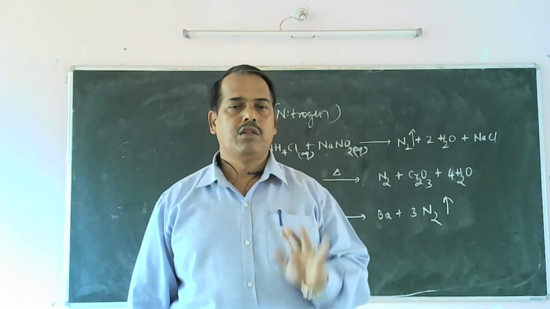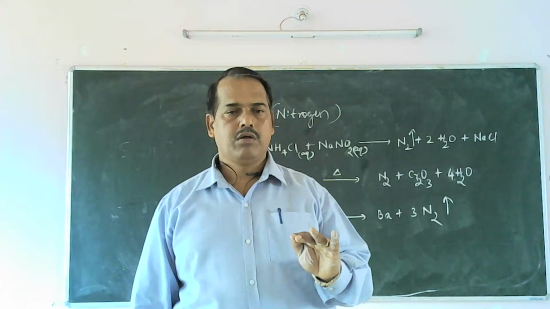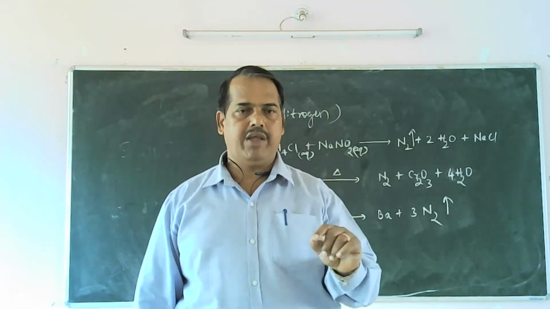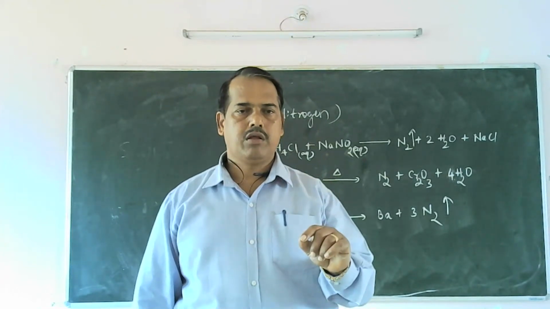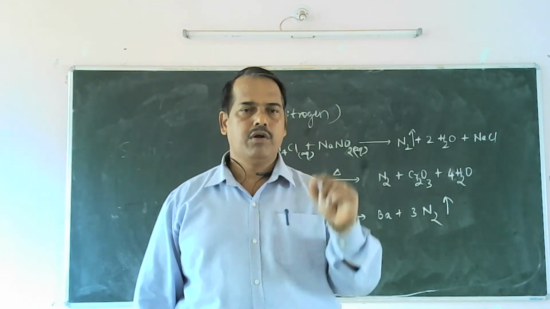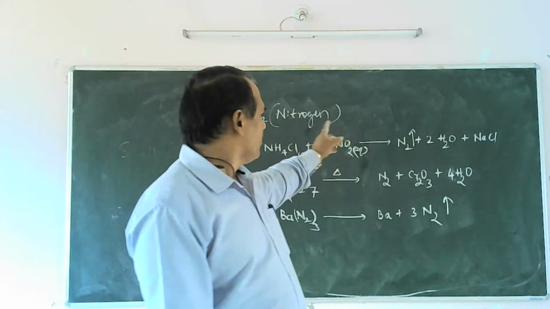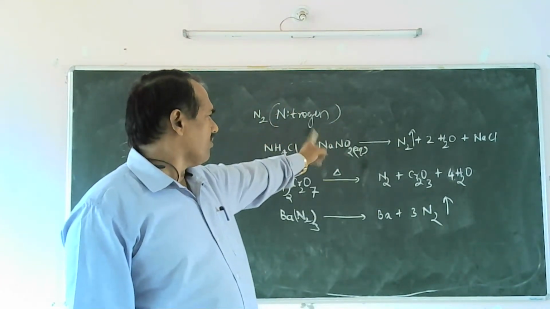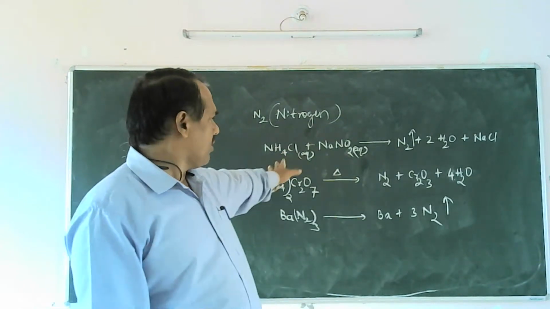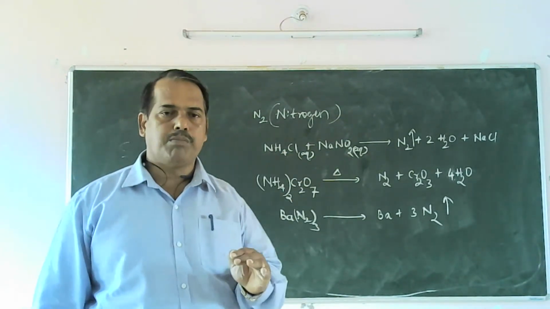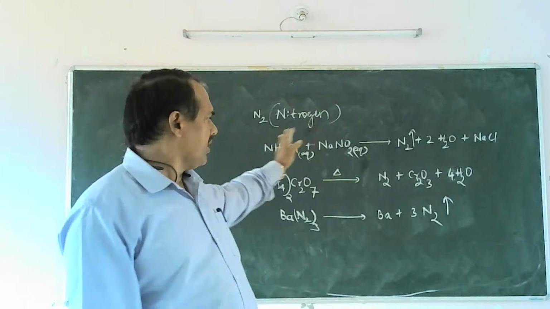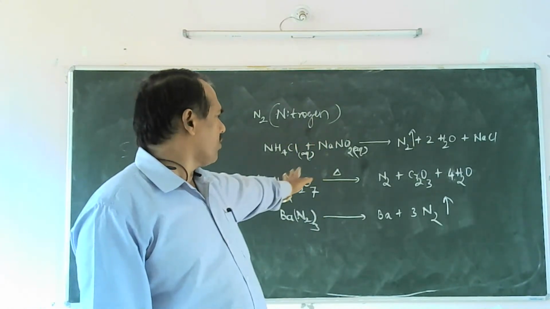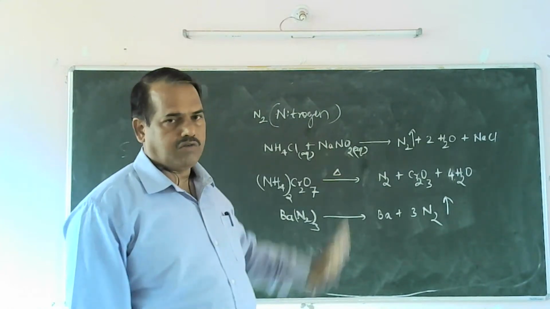Don't worry, but remember the preparations of nitrogen gas. Dinitrogen gas can be prepared by the reaction between an aqueous solution of ammonium chloride and sodium nitrite, and you will get nitrogen gas. In the second method, thermal decomposition of ammonium dichromate gives dinitrogen gas.